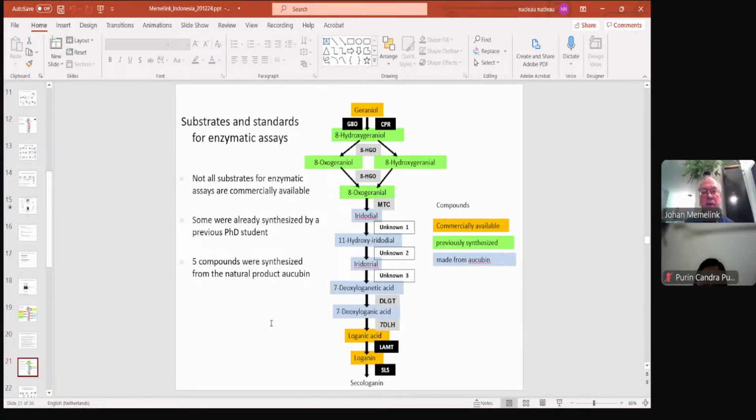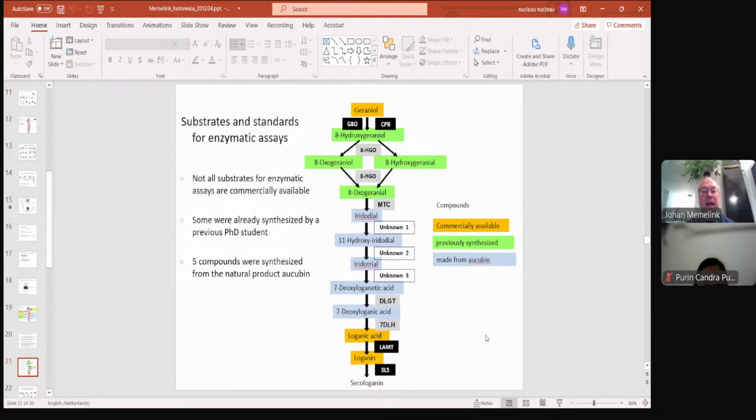Okay, so I've talked about the genes and then about how to produce the enzymes for testing. But an important step is also that you need the substrates and preferably also the products to be able to characterize whether the exact reaction that you are supposing is occurring.